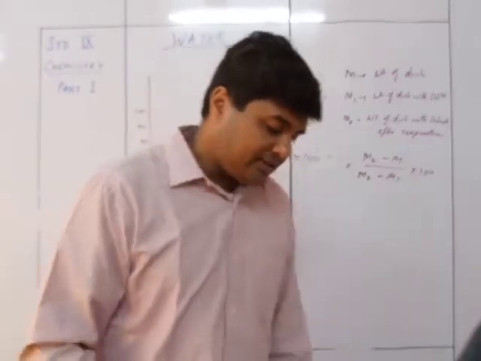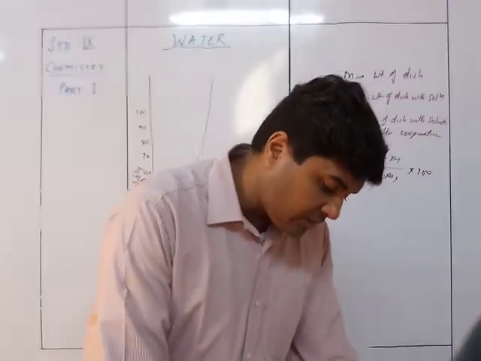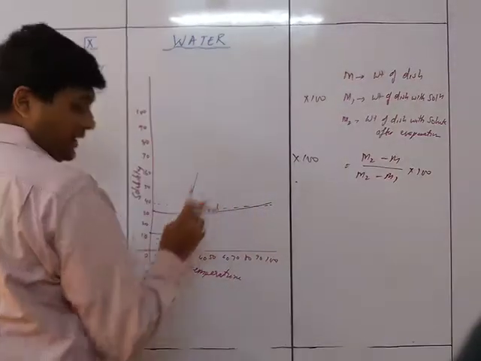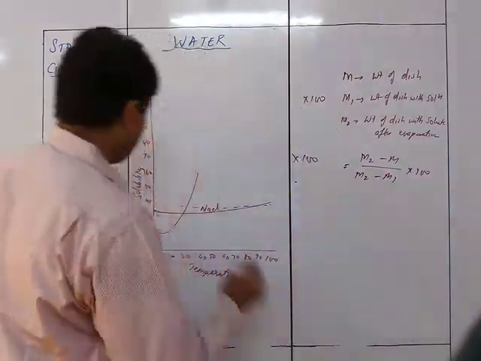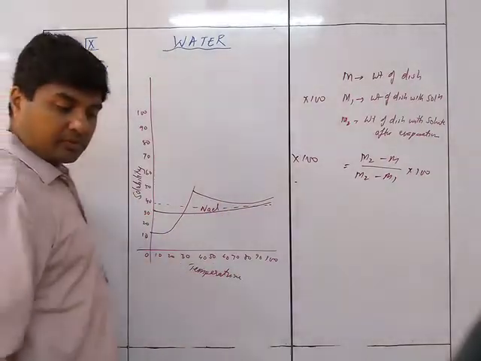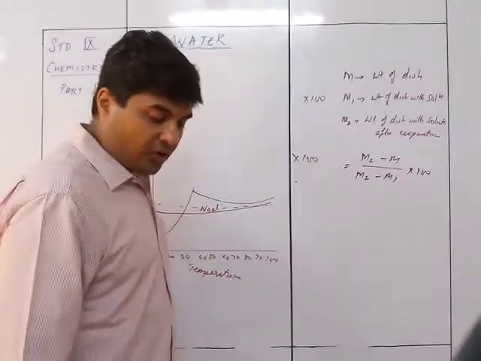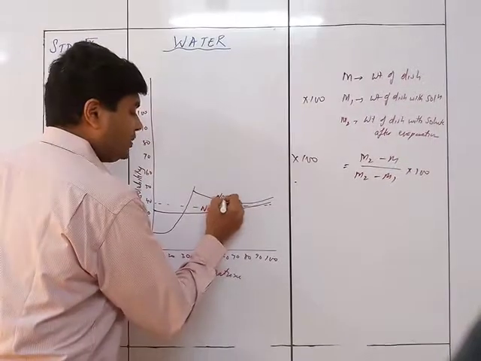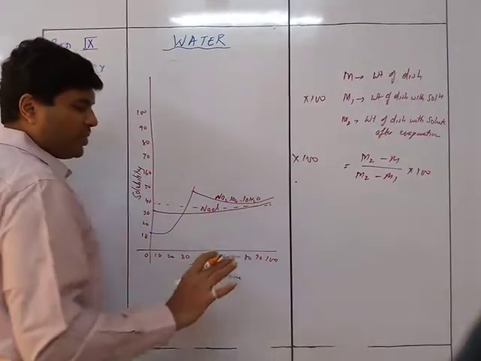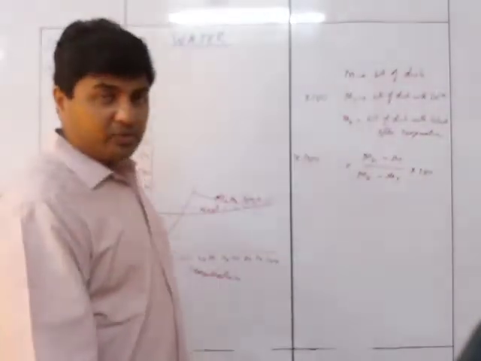Then at a particular 50 mark, it dips down like this. That is for Na2SO4.10H2O. You don't need to remember all this, you just need to take some examples.